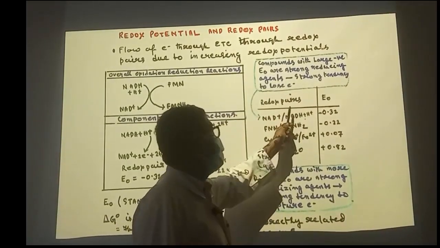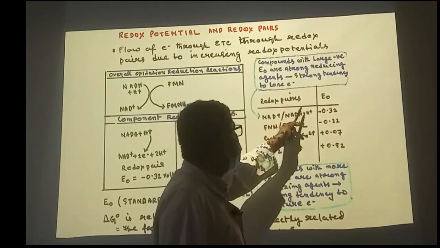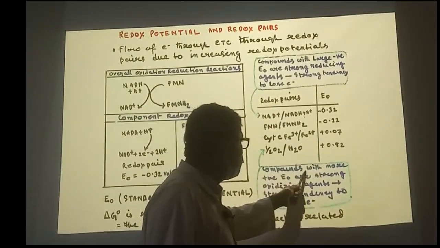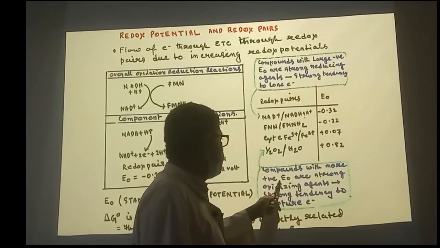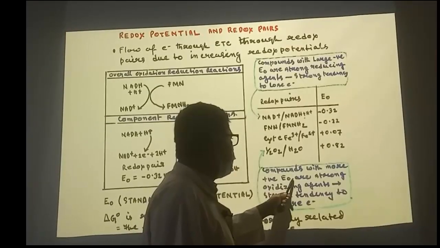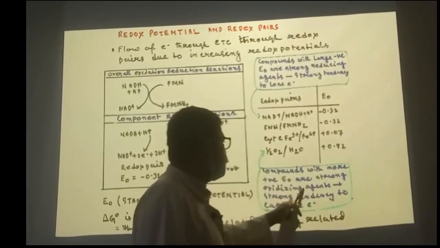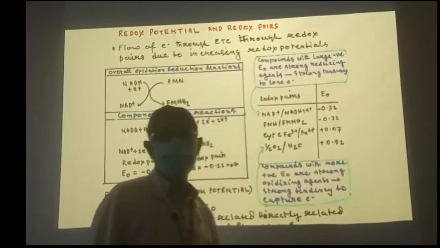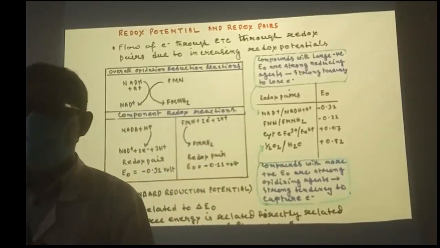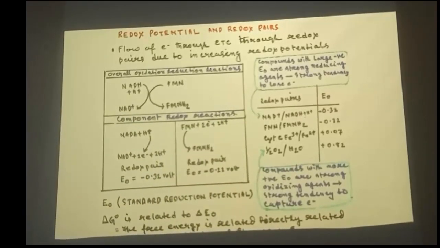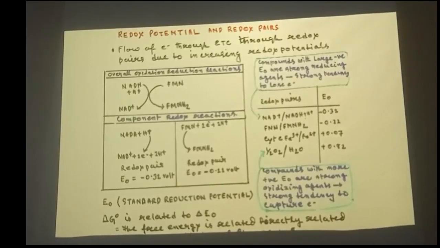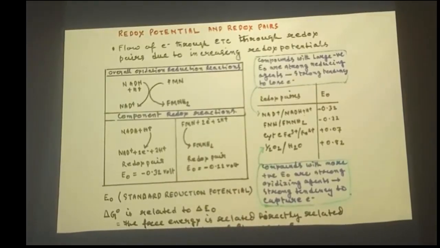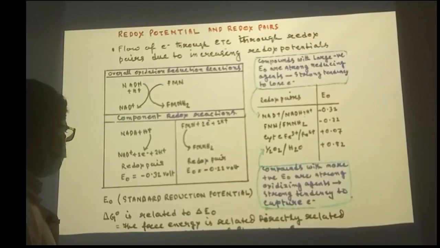Is it clear? And components with more positive standard reduction potential are strong oxidizing agents, with a strong tendency to capture electron. So that is the whole concept of redox pairs and redox potentials. There are different examples, as I have already told you.